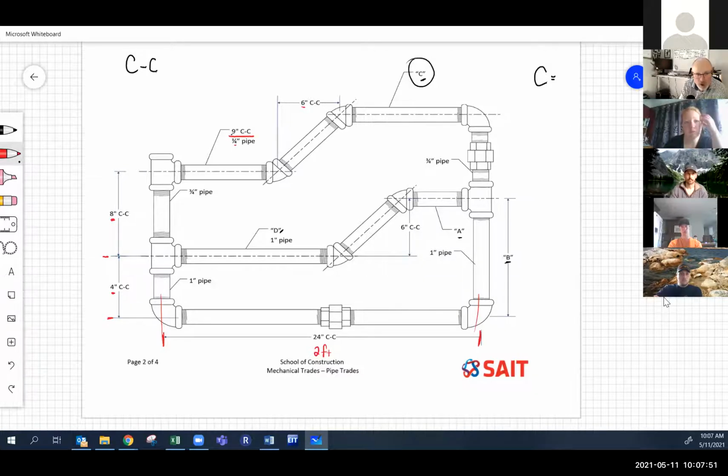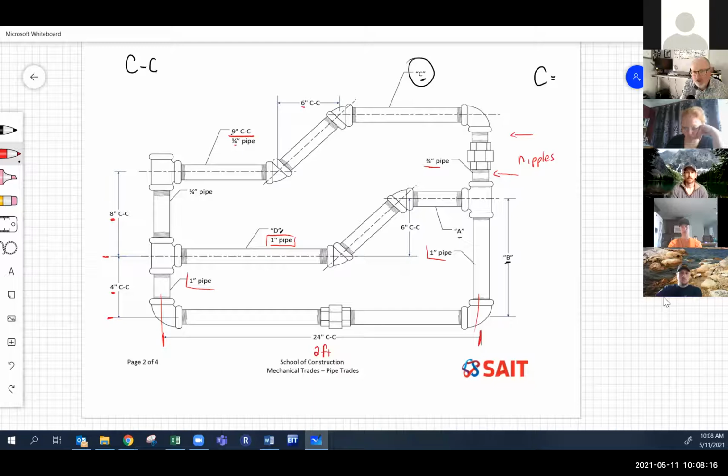Here is 1 inch pipe. So this is a different piece of pipe. 1 inch pipe in here, 1 inch pipe here, 3/4 pipe here. Now, you will have to make these nipples. You will use the nipple chuck in the vise and you will make these nipples.